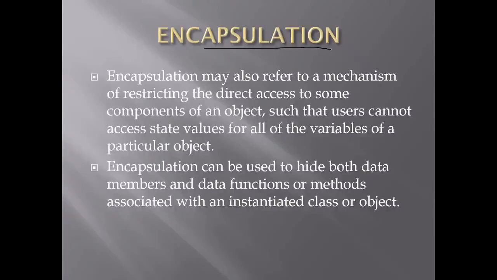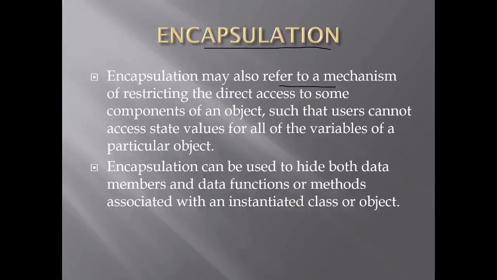The permission is given for specific methods or specific variables, data members, to access that particular information. So only those objects, methods and variables can access that information. And from the remaining outside world, it is hidden.